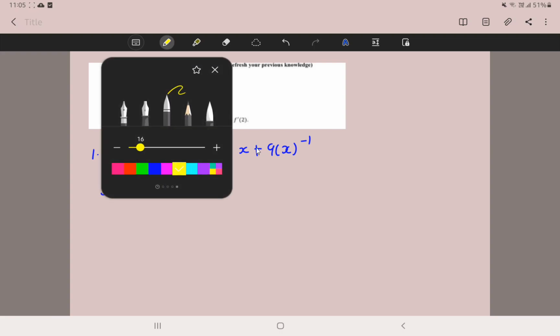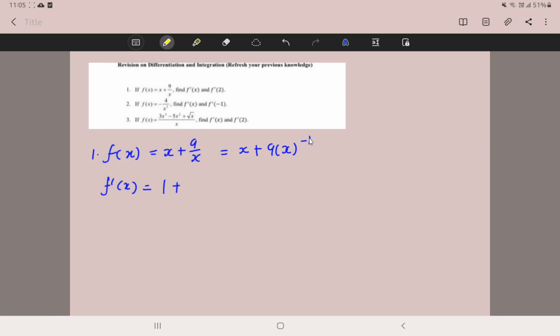So the rule of thumb for differentiation is the power rule, right? Actually it is 9 over x, but I just changed the expression to x to the power of minus 1. So you need to remember the basics of indices. If you have 1 over a, this is equivalent to a to the power of minus 1.